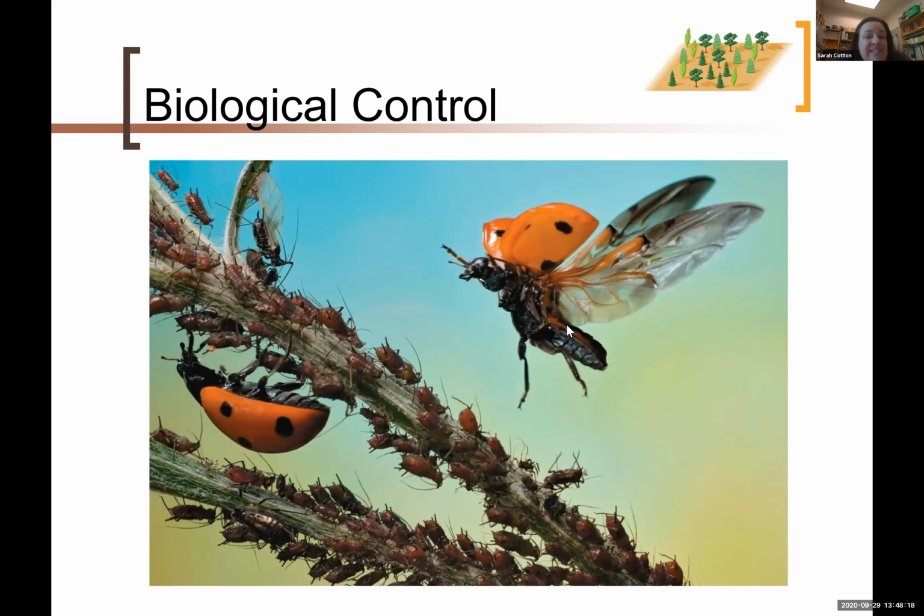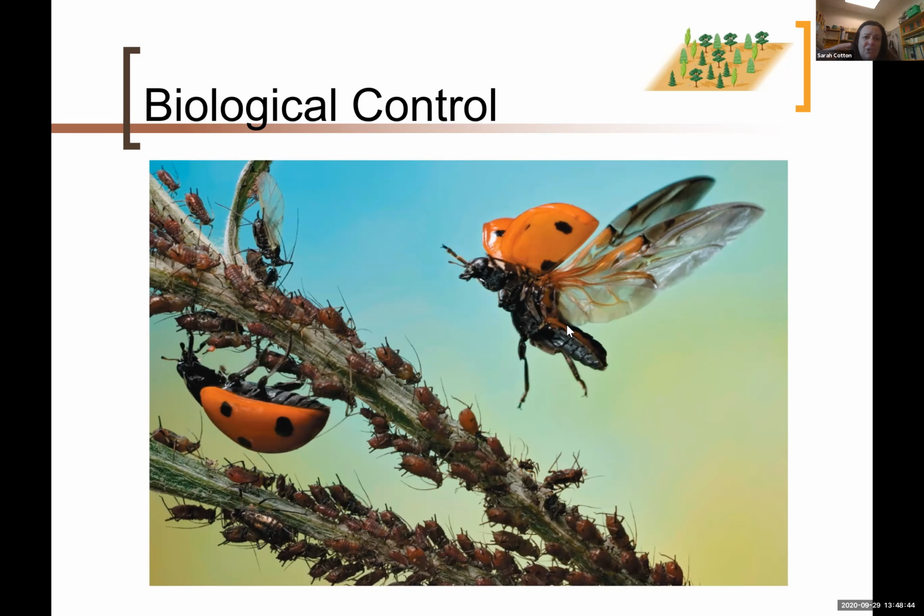Anyway, so that's another good one, right? One of the reasons that we occasionally introduce species is for something called biological control. And so I actually mentioned this a couple videos ago. I talked about how ladybugs are amazing predators of aphids.